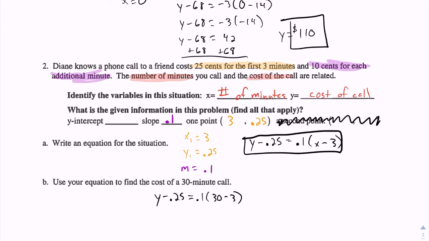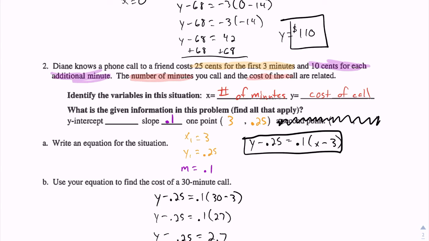Now, do what's in parentheses first. And 30 minus 3 is 27. 27 times 0.1 is 2.7.